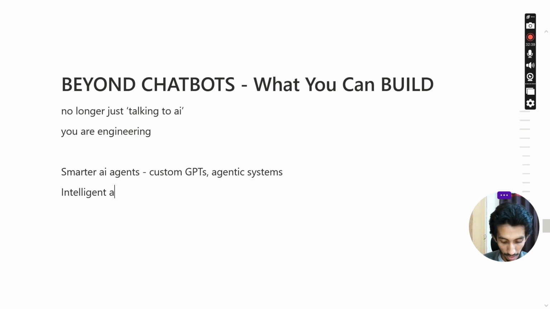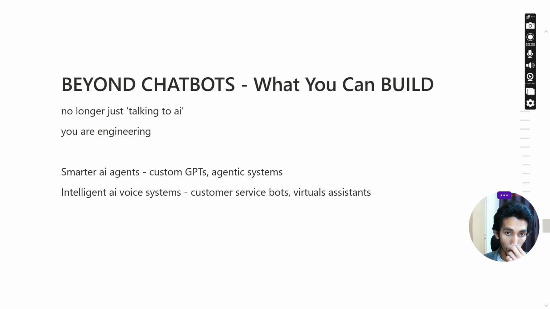Then we got intelligent AI voice systems. You can make more natural and effective customer service bots or virtual assistants with proper prompting, and it will save you a lot of time.